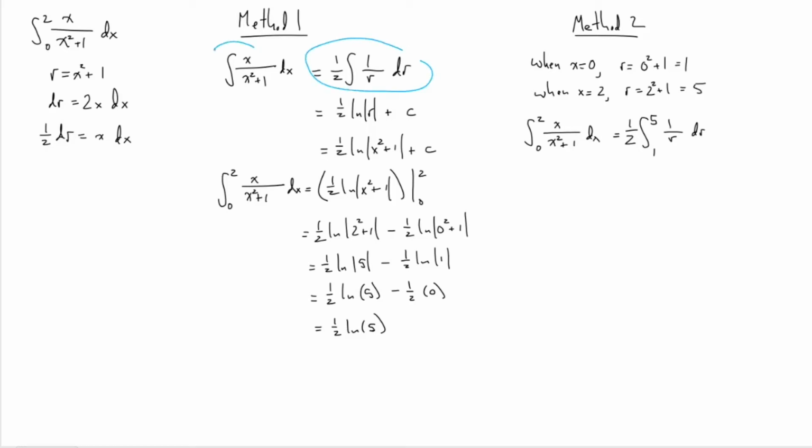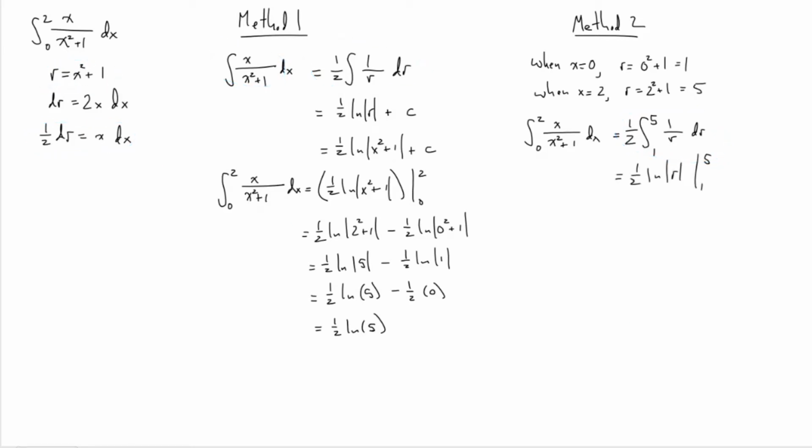We got that this indefinite integral was equal to 1/2 the integral of 1 over r dr. That's the same thing we have here, and it all comes from the fact that r is x squared plus 1, and x dx is 1/2 dr.